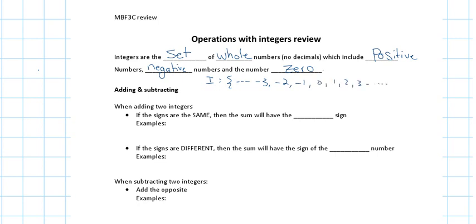Okay? So for infinity, we usually use this symbol that represents the number infinity. Infinity is a number that no one knows what it is, because there's no end to it. There's no end to the numbers, okay? And for the negative infinity, we use the same symbol, but with a negative in front of it.